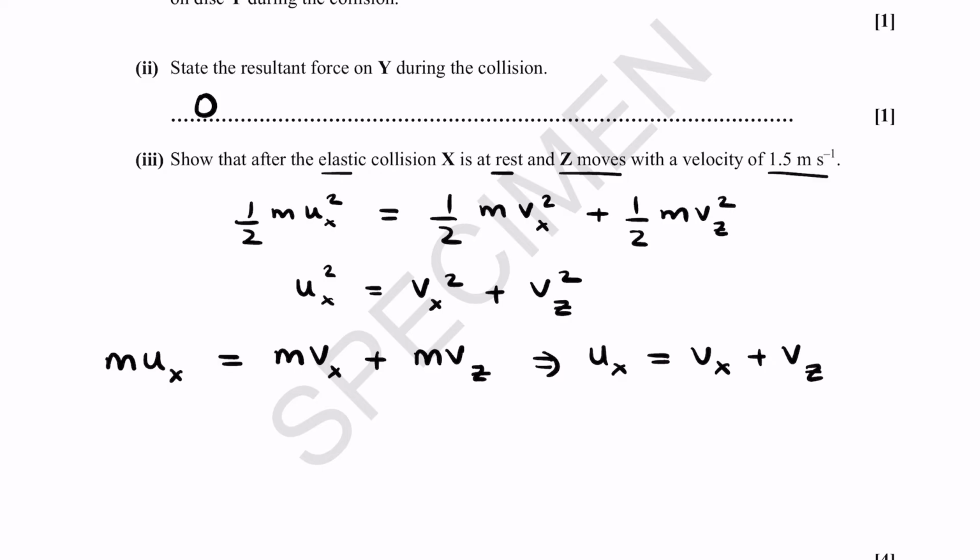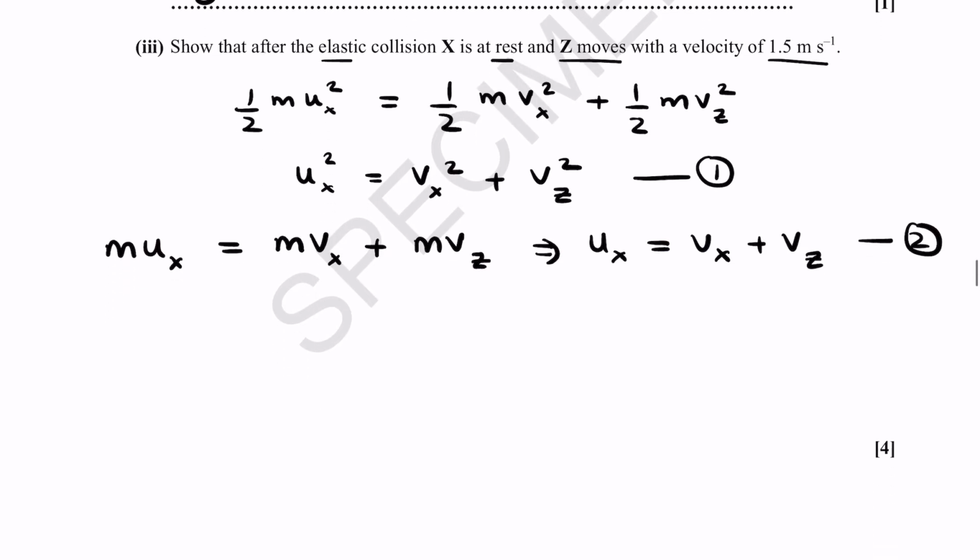Now, I can just solve this equation and this equation simultaneously and get my answer for Vx and Vz. So I'm going to square the second equation so as to get a whole squared in the two terms, and substitute 2 into 1. So Vx squared plus Vz squared.